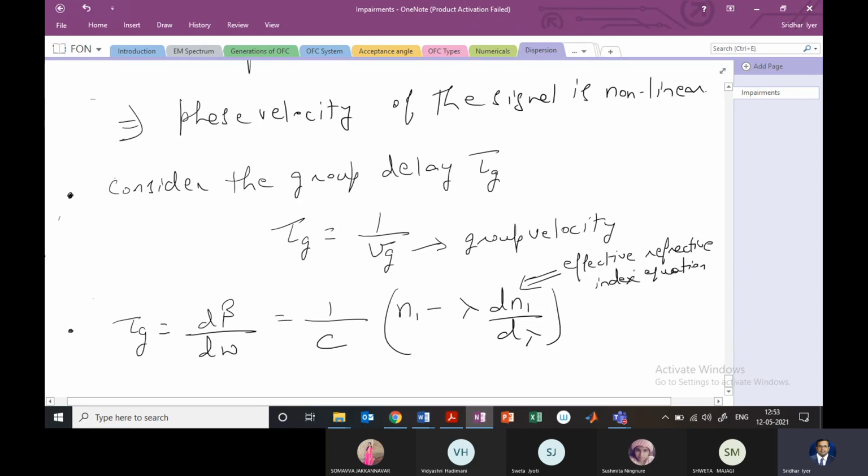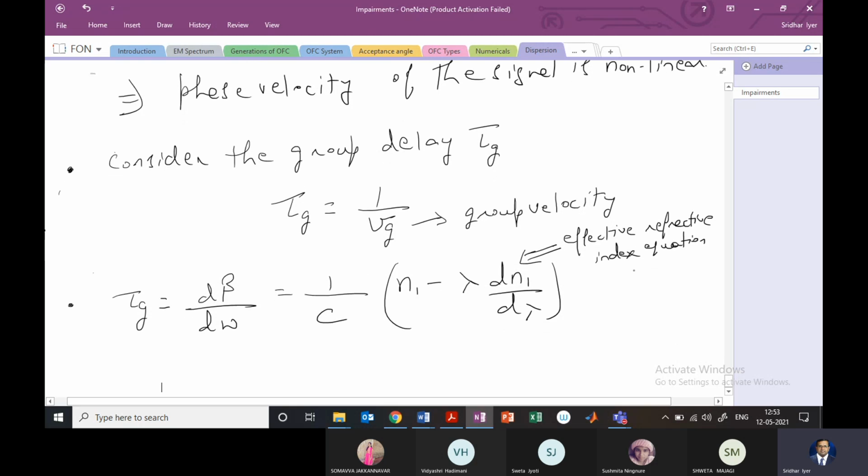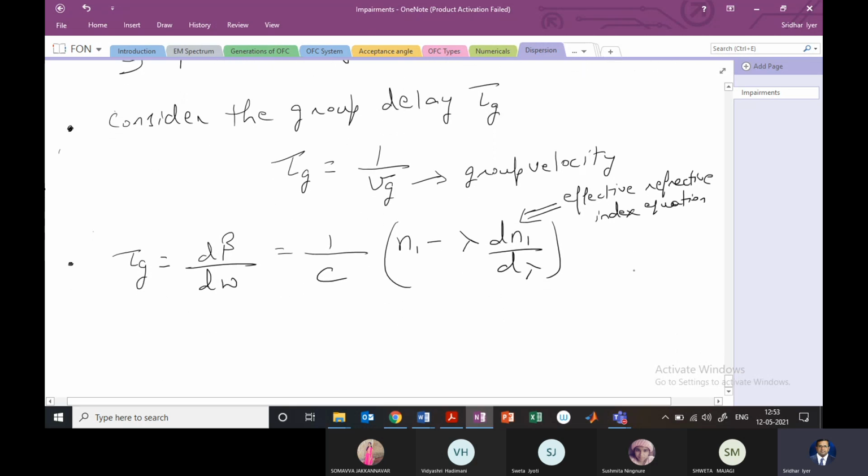So when I derive it, when we talk about different fibers leading to reduced dispersion, it will make more sense there. Currently we are only just using this value here. So the derivation is still to be done here. Okay. So here in this equation, n1 is the refractive index of the core, and c is the speed of light.